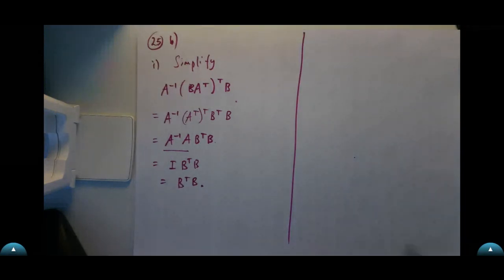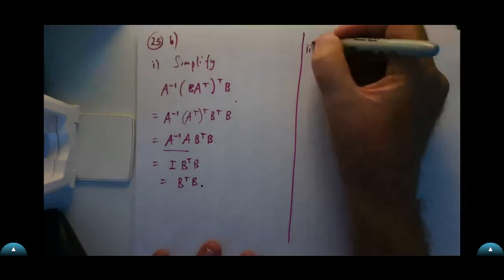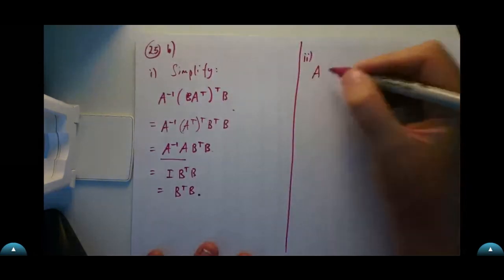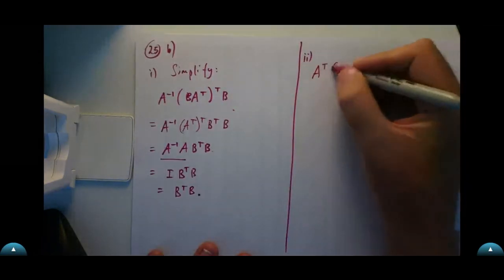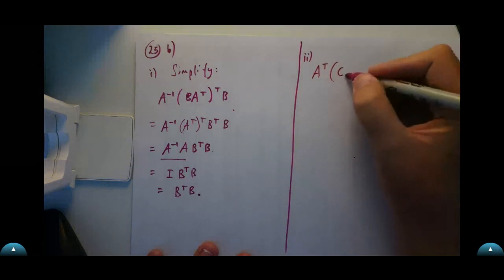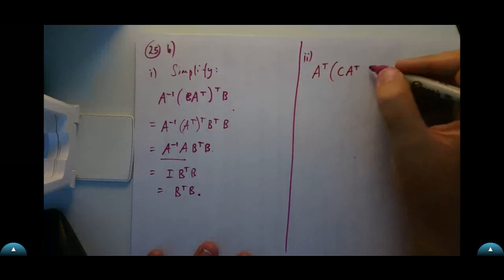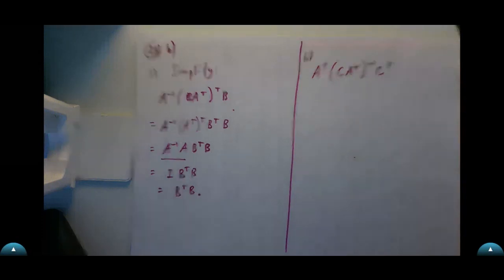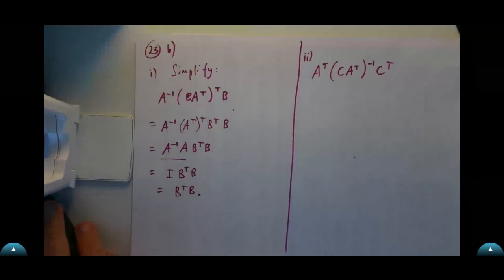All right, what about the second part of this question? A little bit harder maybe. So it's A transpose C A transpose inverse C transpose. Oh my goodness. All right. This is the very last question for this tutorial.